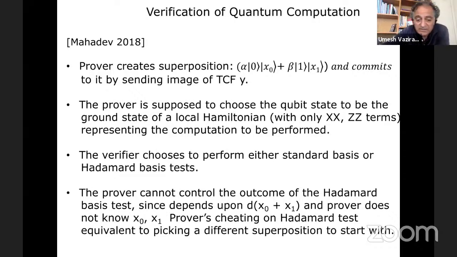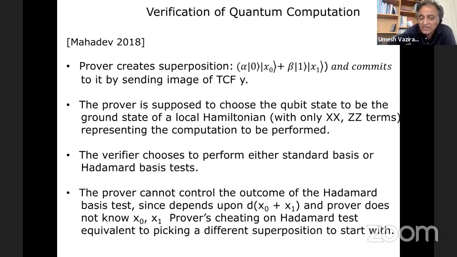So that's the problem. But the important thing is that, even though there's not full control over this, it's possible to show that the prover's cheating on the Hadamard test is essentially equivalent to choosing a different superposition to start with.